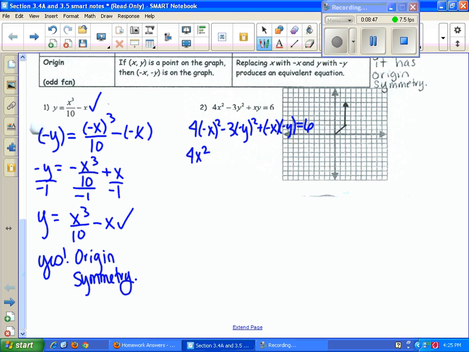It stays the same because it's to an even power. Negative y being squared becomes y squared, so 3y squared. And then a negative x times a negative y stays positive. And notice that this equation is equivalent to the original equation. That means we have origin symmetry again.